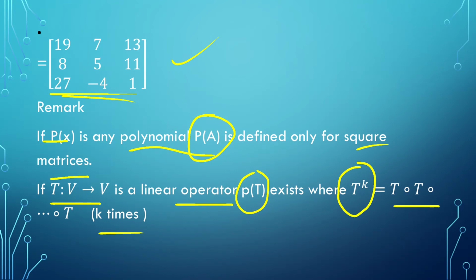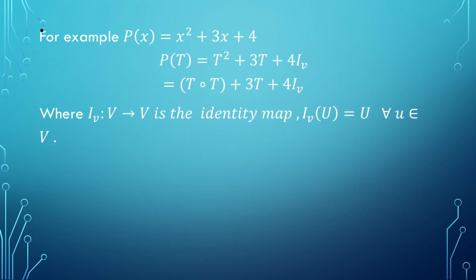Having known that, if you have p(x) which is x squared plus x plus 4, then p(T), if you use T for the operator, will be T squared plus T plus 4.